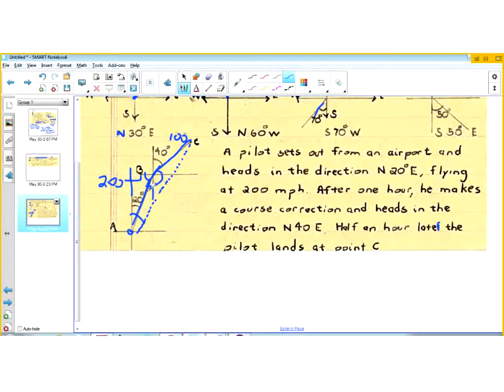So the measure of this angle is 20. All right, let's see, is that right? Yeah, so that would be 20 plus, and then the measure of this angle would be 50 degrees there. And then that would be 20 degrees there plus 90. Okay, so the measure of this big obtuse angle would be 160 degrees.